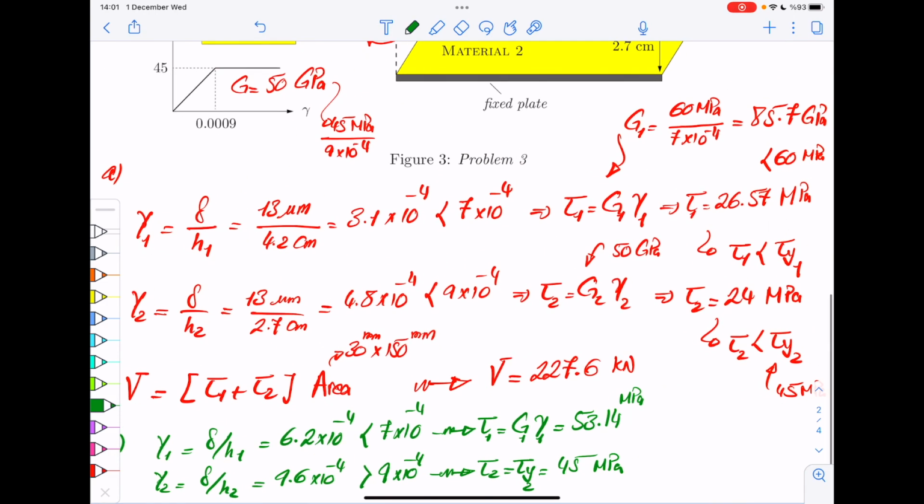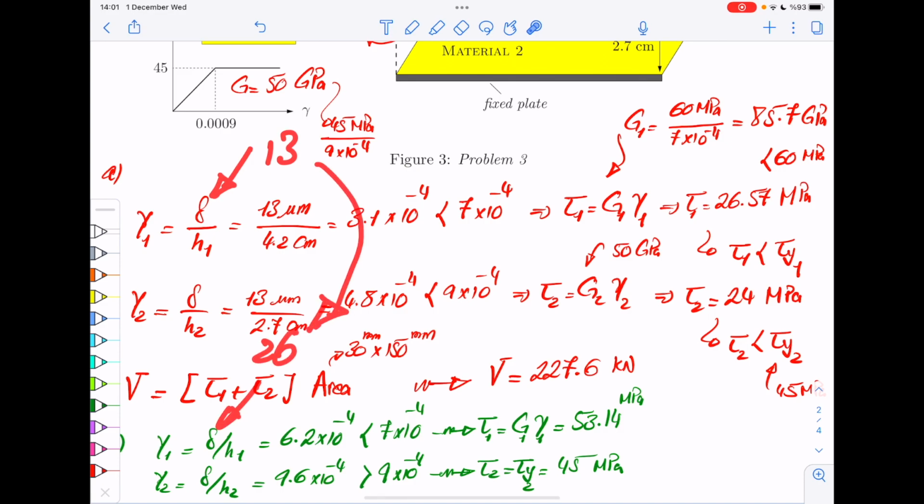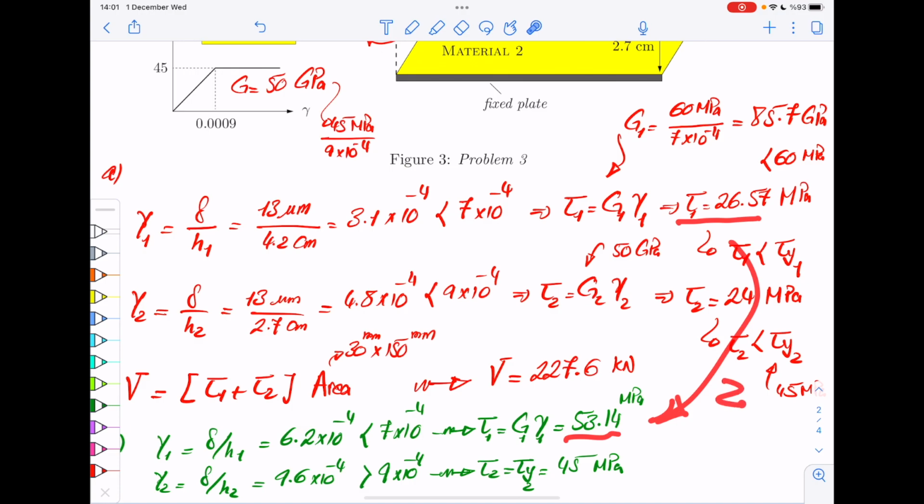Okay, so if you remember, here delta was 13, here delta is 26, right? So there is a factor 2 basically. As you can see, when it is elastic, you get a factor 2 in your stress for member 1, but for member 2, because we entered plasticity, you get something less than 2 times 24, right? If it was fully elastic, you would have gotten 48. But because we reached plasticity, that's that.